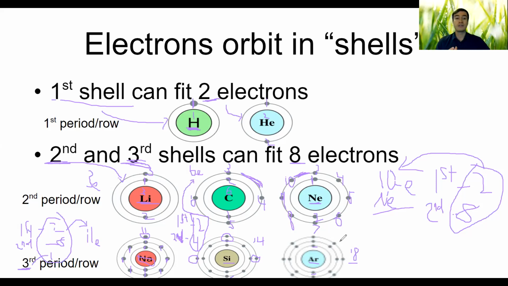So argon has a full first shell, a full second shell, and a full third shell. So his first, he's got 2. His second, he's got 8. And his third, he's got another set of 8.